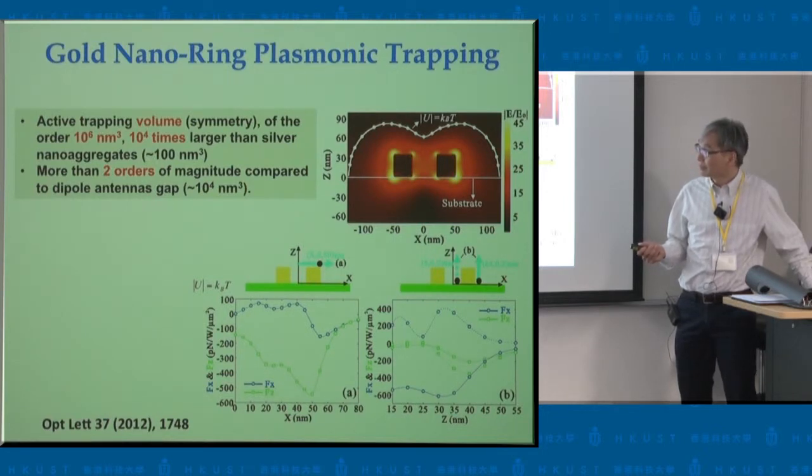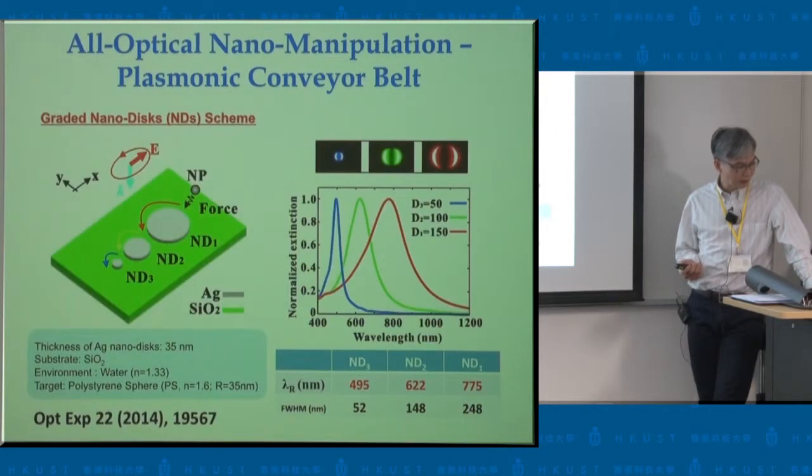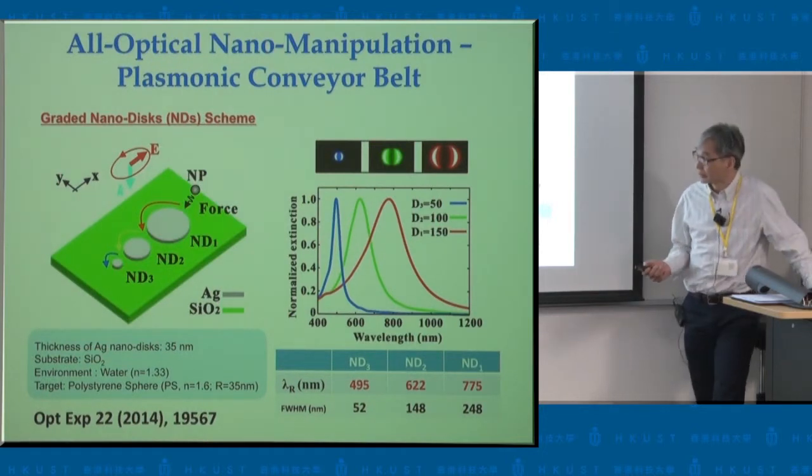Okay? And in fact, the ring also gives you very good localization. Okay? So we have done some optimization and say that this actually has a very large trapping volume object.